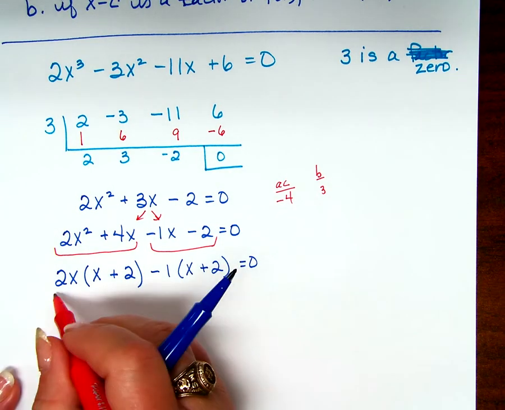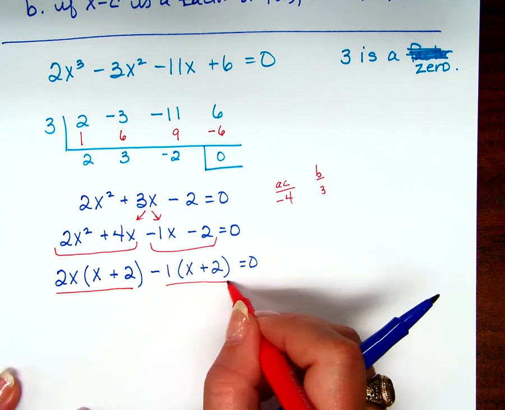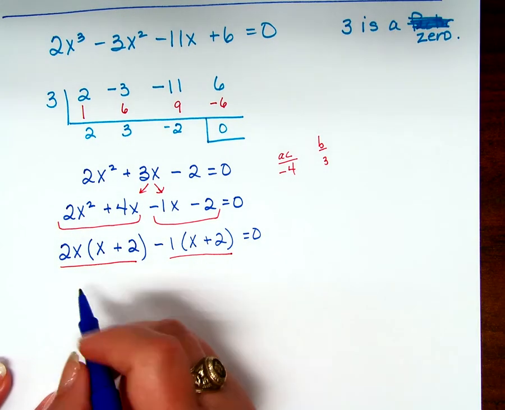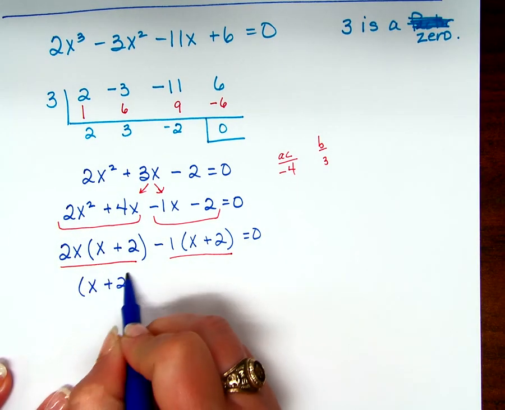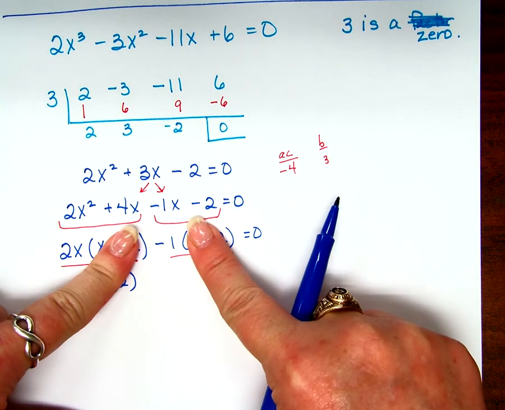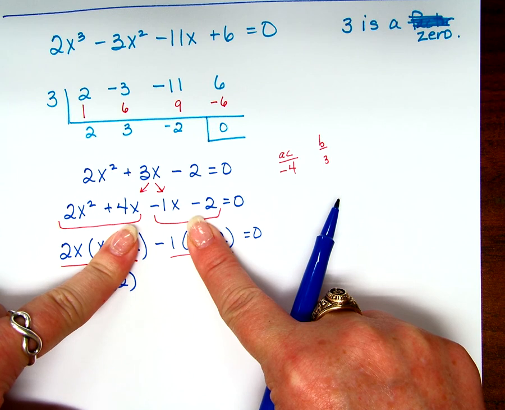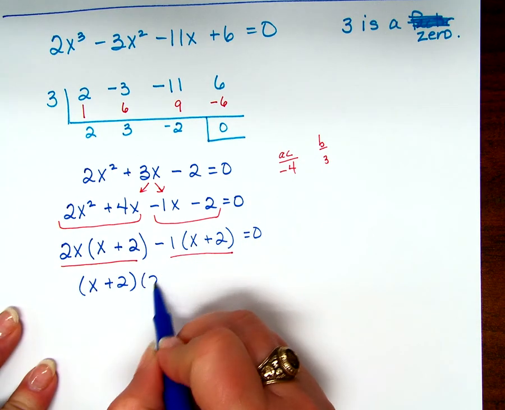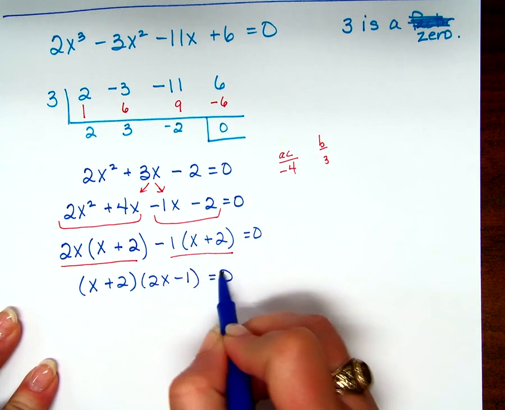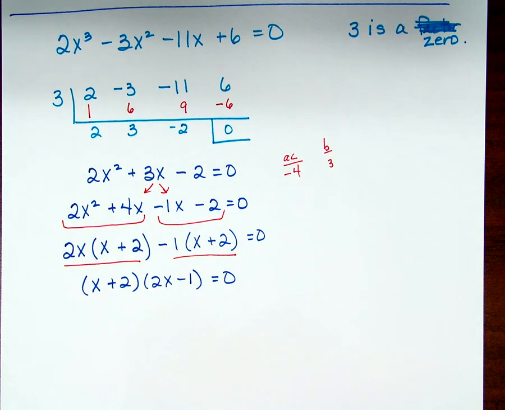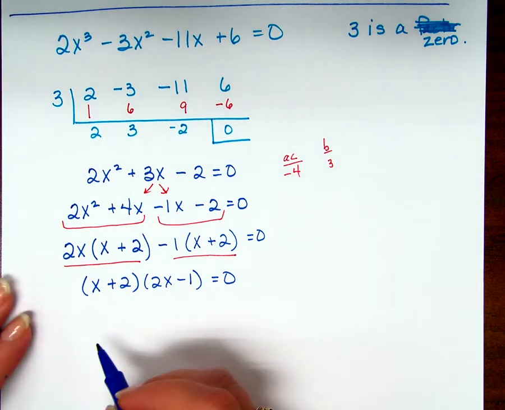Now what do these 2 terms, this one and this one, have in common? X plus 2. If I factor out an x plus 2 from each term, what's left? 2x minus 1. Now I have these 2. What do I do with them? Set them equal to 0. Okay?